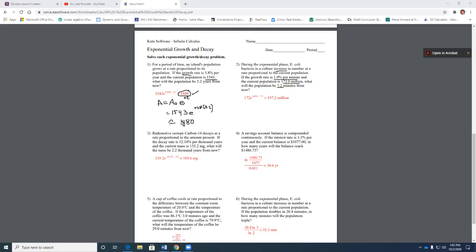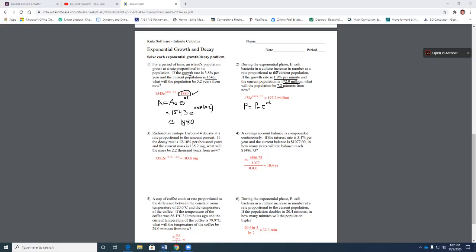Okay, same formula, right? Now, in problem number 1, I used A and A naught. I could also use P and P naught, probably the one you would most commonly see. So the amount of bacteria that you would have at any time is dependent upon how much you start with, right? So we'll call that P naught, and of course you'll have e to the power of ct.